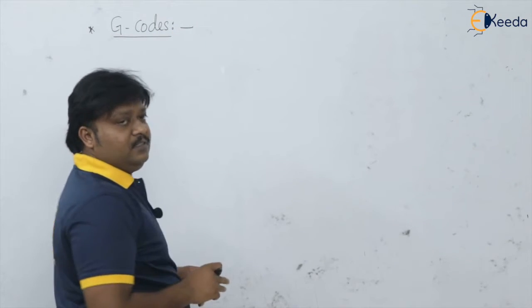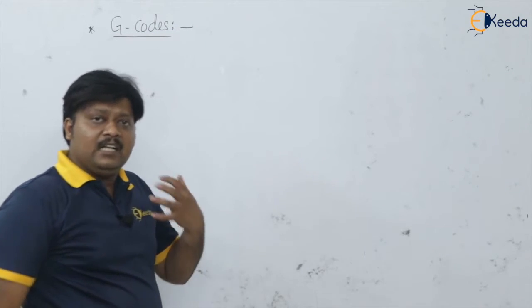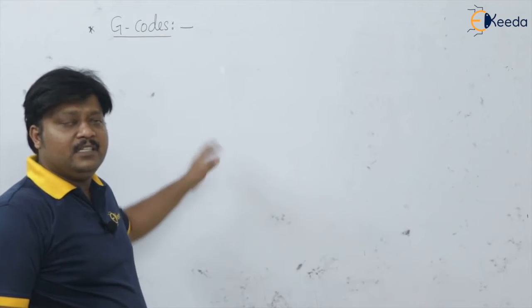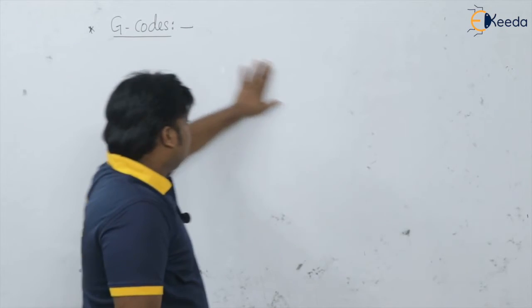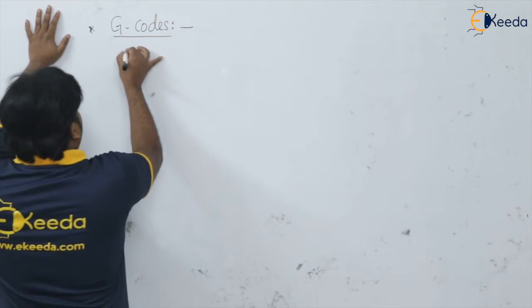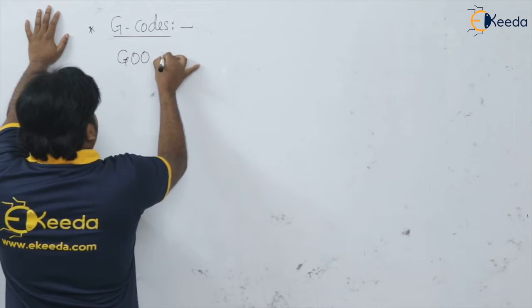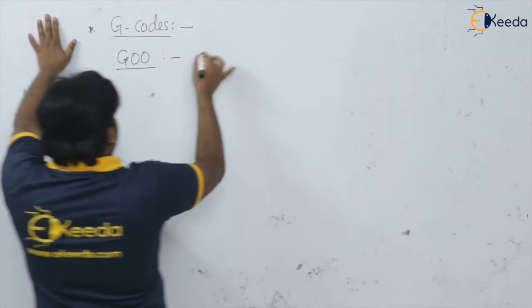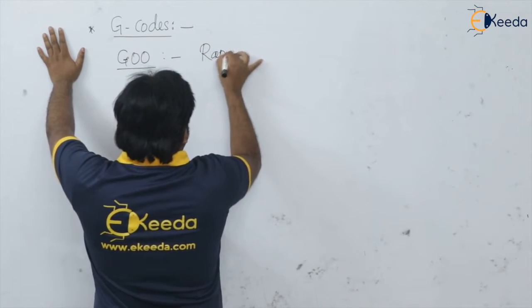Many times the question directly asks you to match the pairs, or directly asks the meaning of the G codes. The first code we have is G00. This is the code used for rapid traverse.